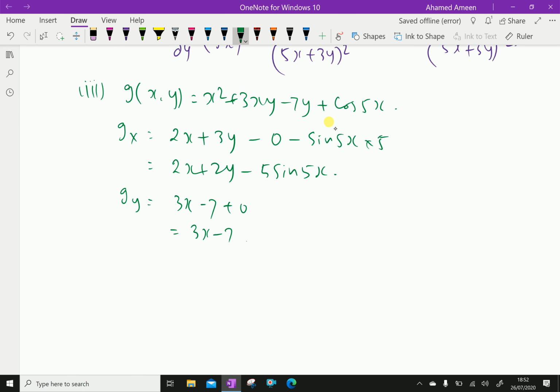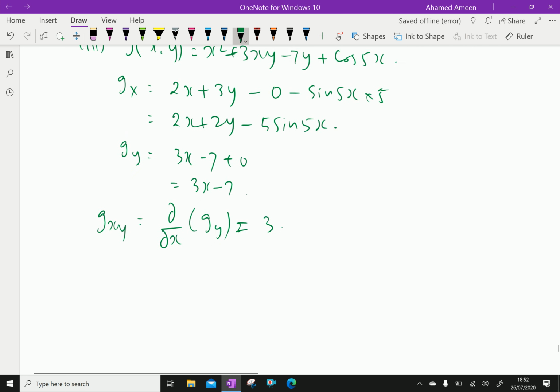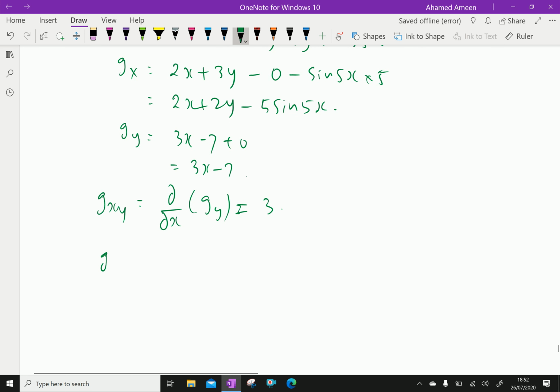Now g of xy, which means dou by dou x of g of y. Here g of y we have this, and differentiating with respect to x gives 3. Next g of xx, which means dou by dou x of g of x.